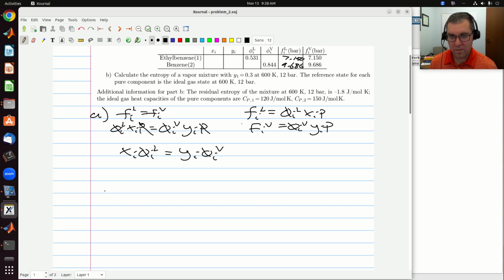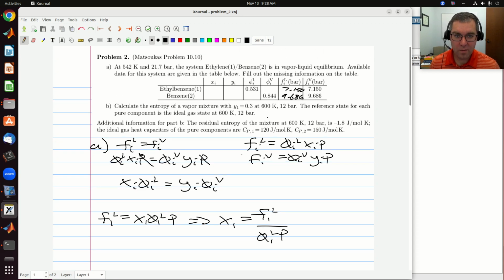For component 1, the fugacity of component 1 in the liquid is equal to x1 times phi1L times P. Solving for x1, x1 is equal to f1L over phi1L times P. We're given P is 21.7 bar, which has the same units as f1L, also in bar. Since I know phi1L, I can solve for x1.